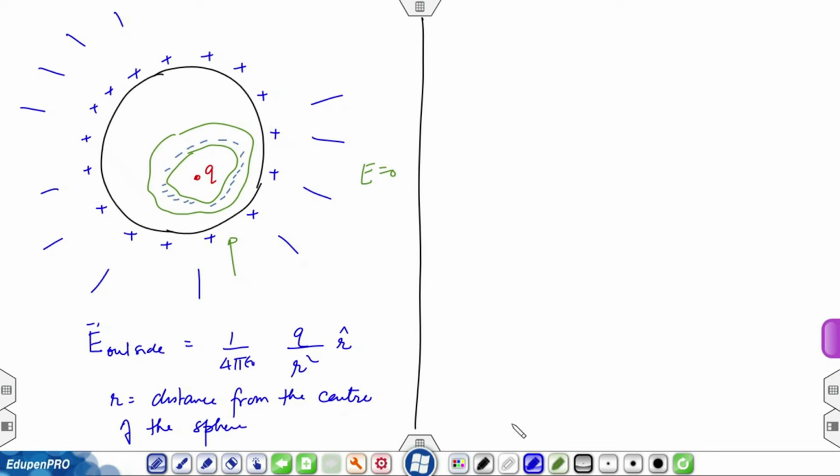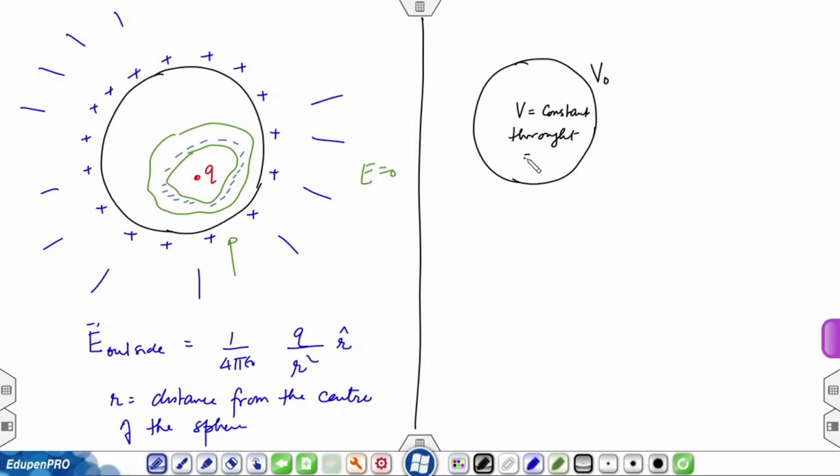Another way of looking at it is mathematical. So, I have this spherical surface, and I know that V is constant throughout. So, what do we have now therefore? I have the potential to be V 0 on the surface as inside.